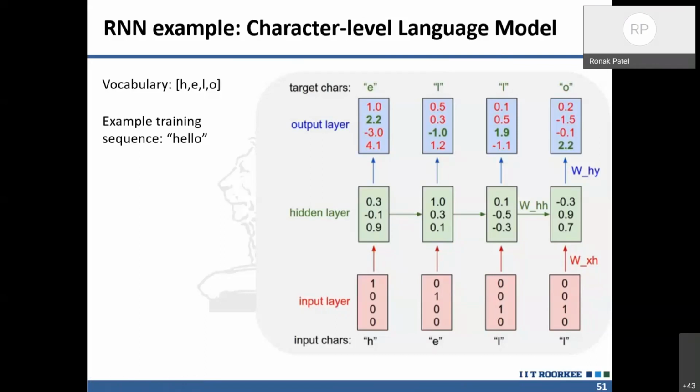Hello, sir. Sir, we are putting the RNN layer over here. So how many neurons do we need to put in that RNN? Will it be dependent on the previous layer? I am doing character level language modeling.